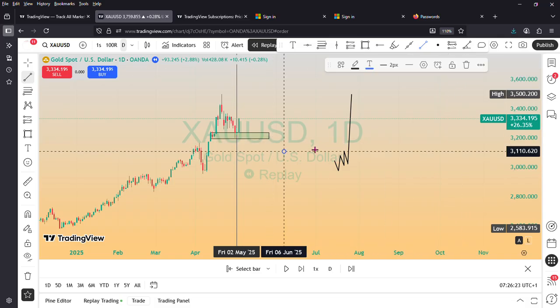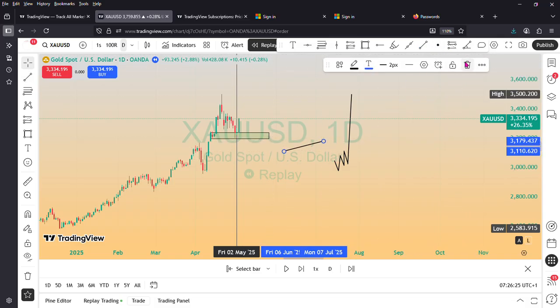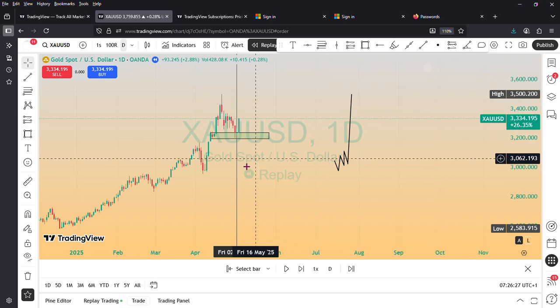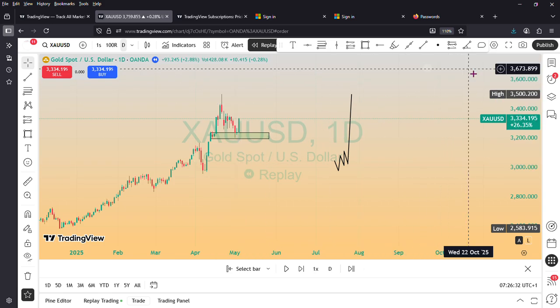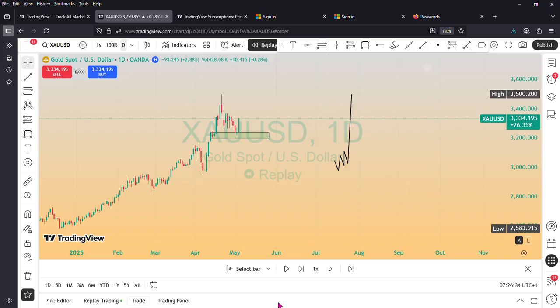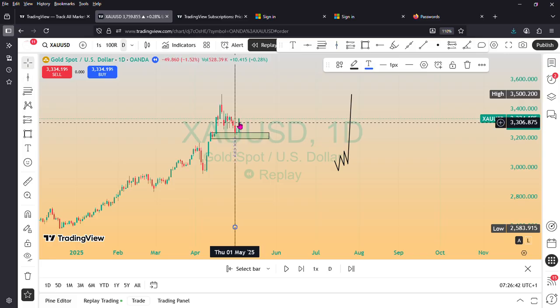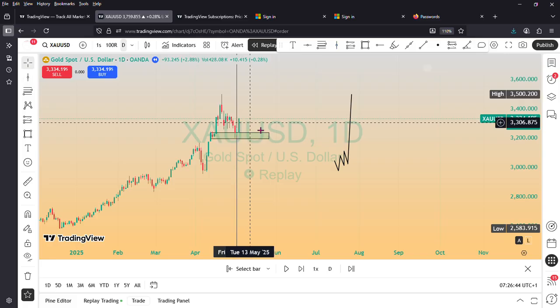Immediately I see the doji candle, I'm expecting that the second day should be bullish. So now, let's say this is the doji candle, it has formed at that area.